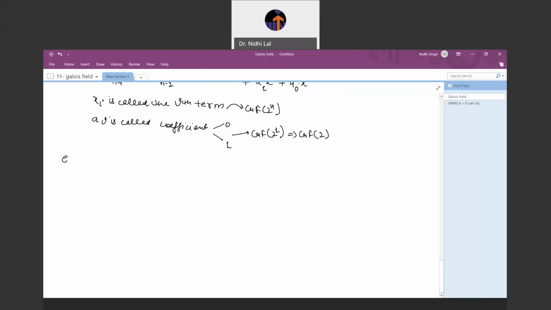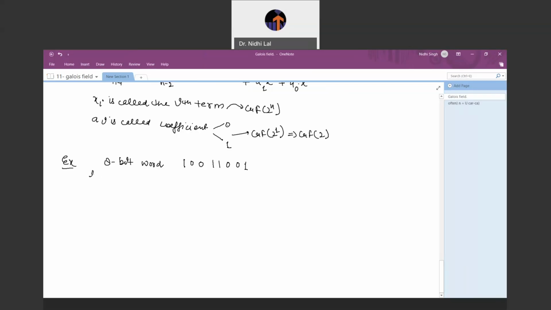Now an example: if there is an 8-bit word, represented by 10011001. This 8-bit word is represented in binary like this. Now we have to represent it in the form of polynomials.